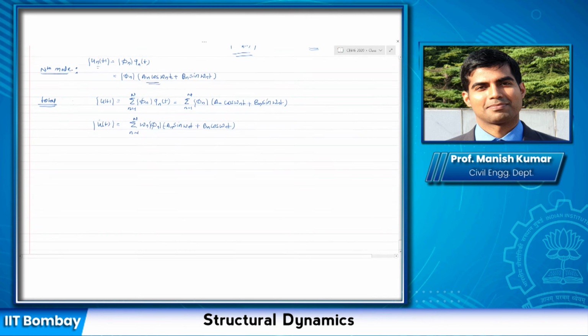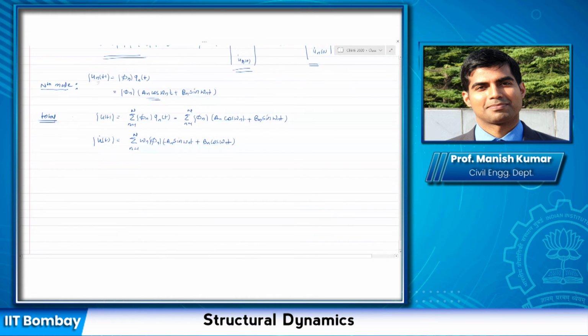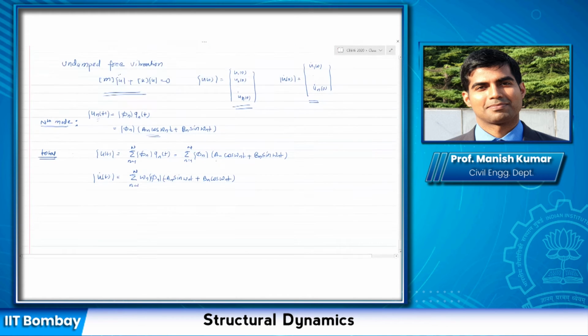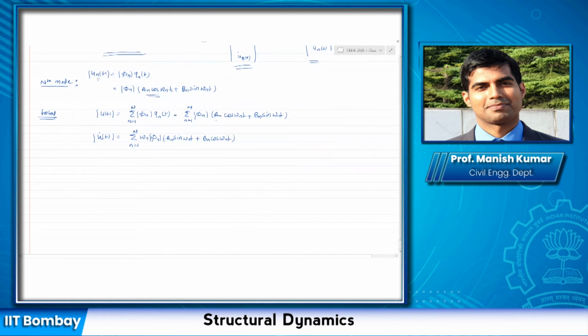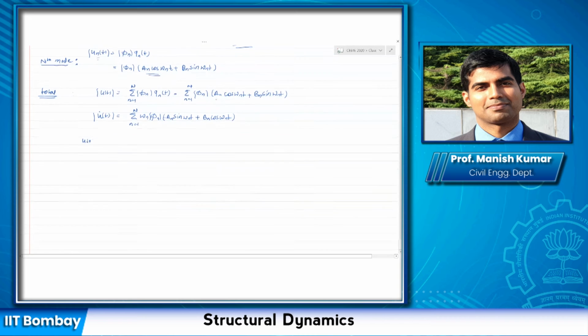Now if I remember, my goal is to find out A_n and B_n, right? So what I am going to do is set t equal to 0. When I substitute t equal to 0, u of 0, this vector, becomes the summation over n. All the sine terms would be equal to 0 at t equal to 0, so I would be only left with cos terms, which would be equal to 1, and this would become A_n times phi n.